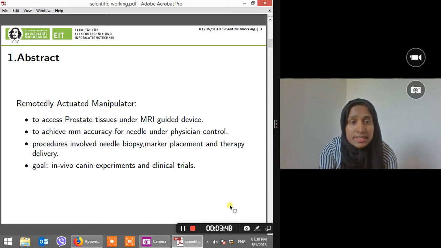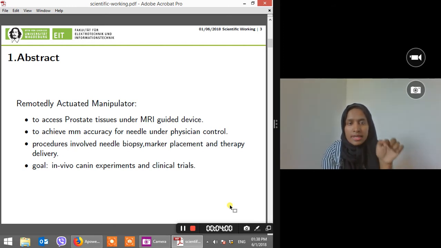The procedures are basically needle biopsies. We will be performing needle biopsy, in which a needle will be inserted inside the prostate tissue, then marker placement, marking which areas we have observed, and therapy delivery, which is the actual purpose.